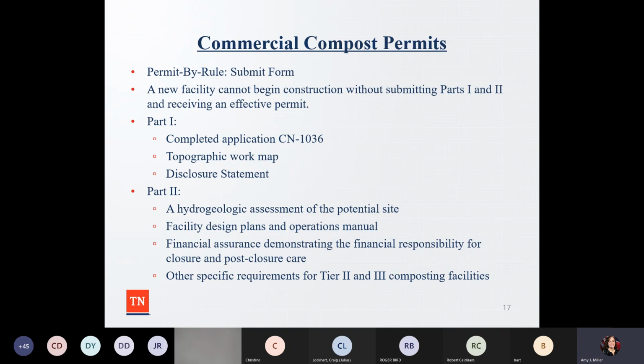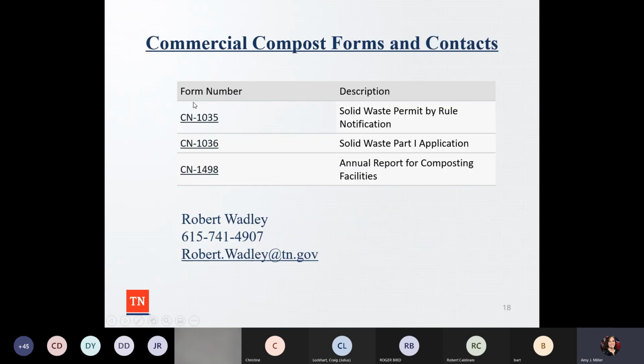So again, there's additional information on these websites. We could sit here probably for hours or a whole day or more going through all these. But again, it kind of reminds you of floodplain management, right? You've got to have an application form, you've got to have a topographic work map, and you have to have assurances, design plans, an operation manual for this facility.